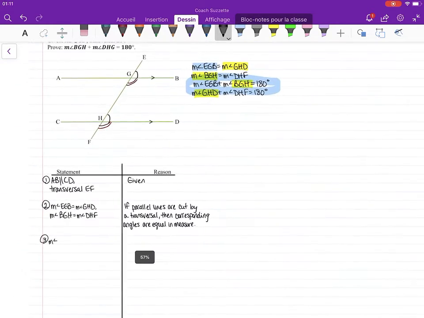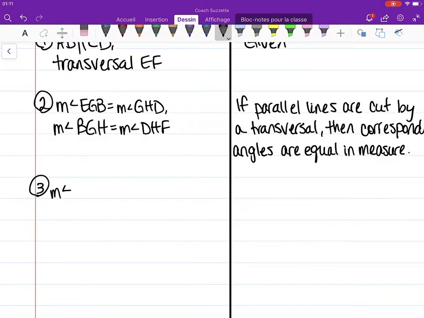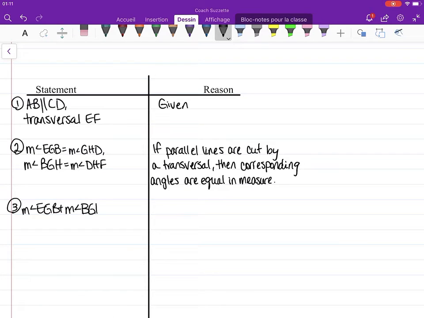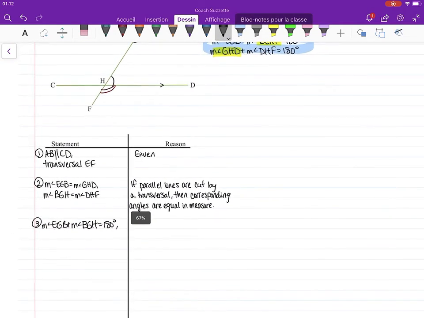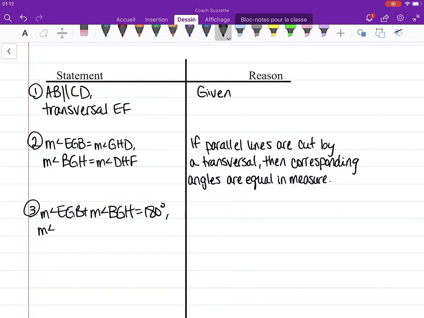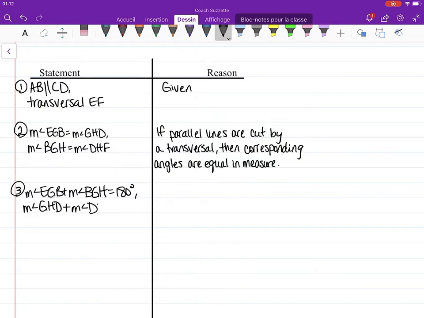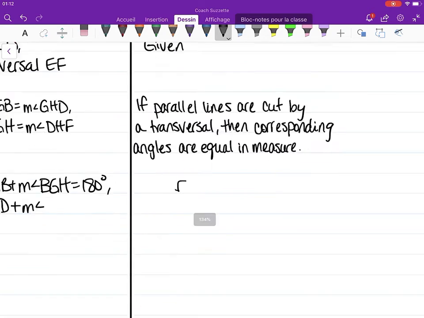Measure of angle EGB plus the measure of angle BGH is equal to 180 degrees, and also GHD plus the measure of angle DHF is also equal to 180 degrees because linear pairs form supplementary angles.